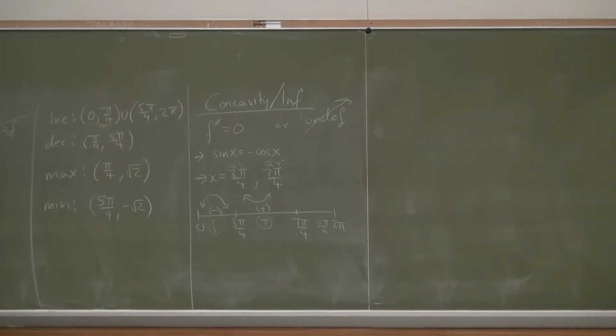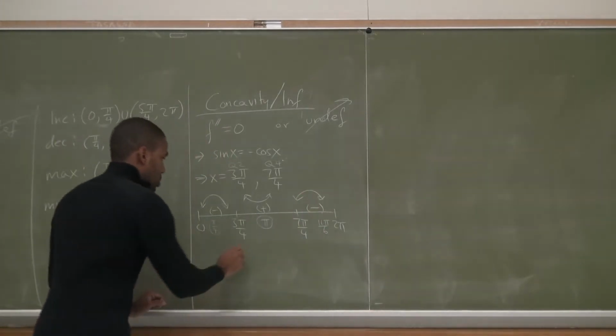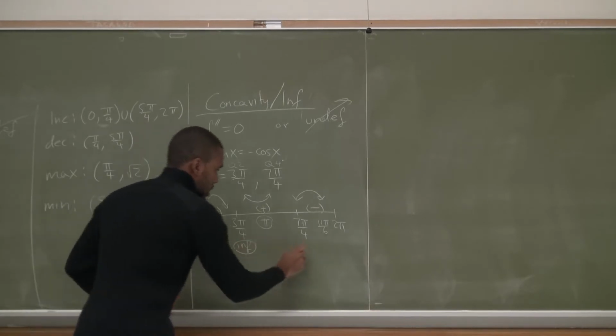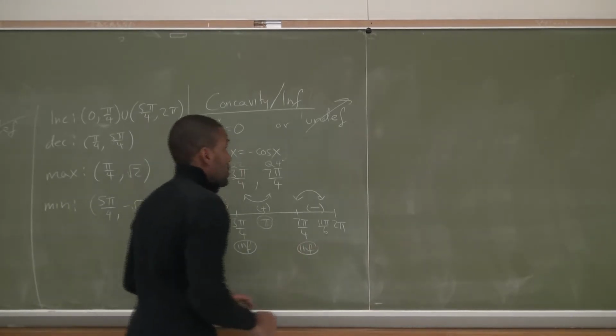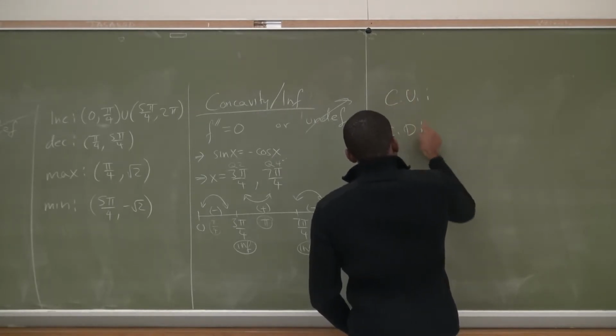Sine of 11π/6 is minus a half, and cosine of 11π/6 will be plus radical 3 over 2. This is positive, but then you multiply by a minus sign, so that becomes negative. So this guy here is an inflection, this guy here is an inflection. So we can know where we're concave up, concave down, and inflection points.